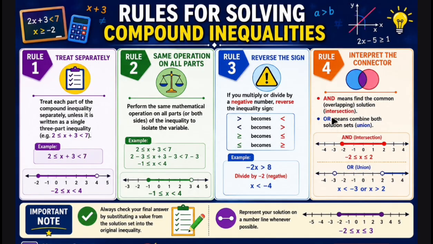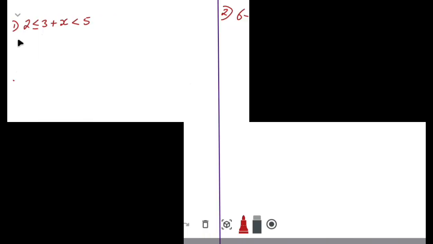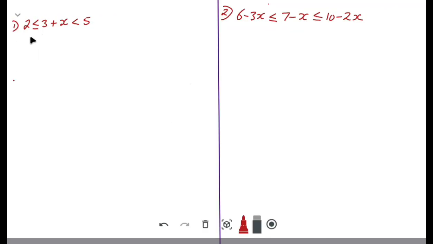Now, let's consider the following questions one after the other. To solve the first compound inequality given to us here, we can use several methods, but I'm going to show you two different methods. The first method is to expand the inequality given to us by saying 2 less than or equal to 3 plus x, and 3 plus x less than 5.